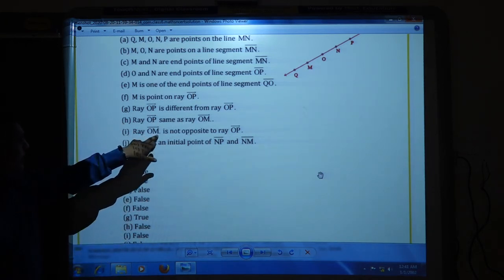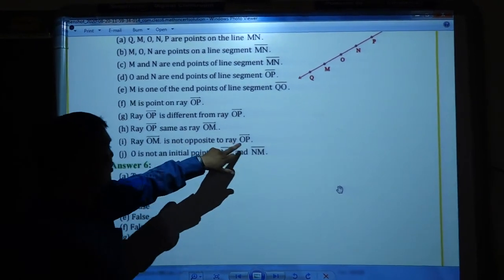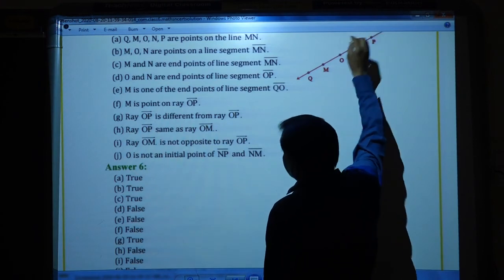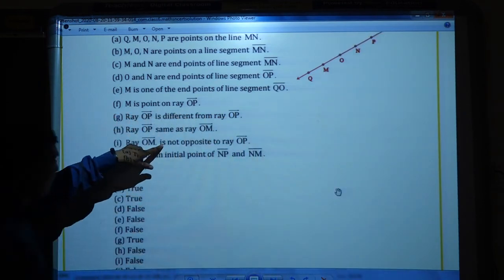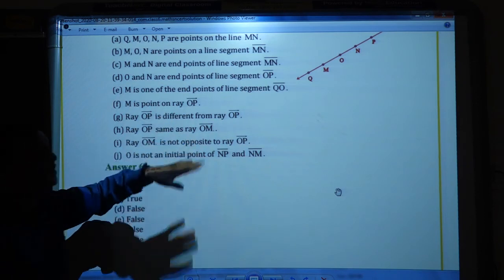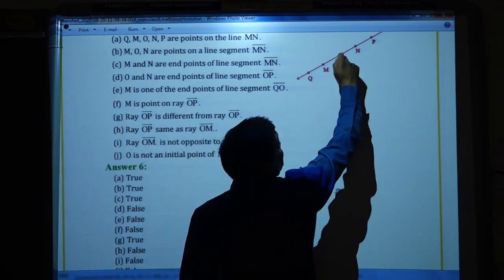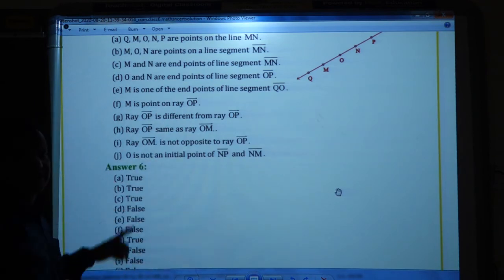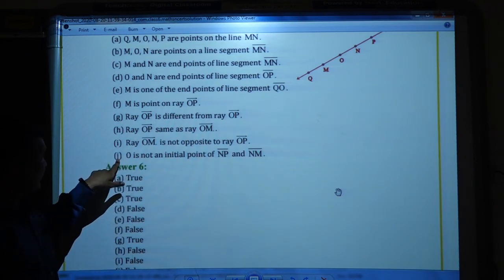Ray OM is not opposite to ray OP. OM is this side and OP is this side, and they are saying it is not opposite. But it is opposite. Here it says it's not, but it is. So that's why it is false.